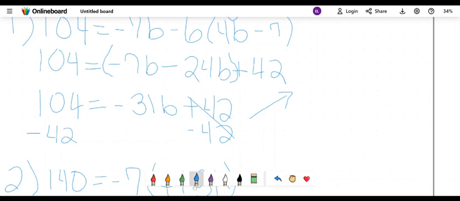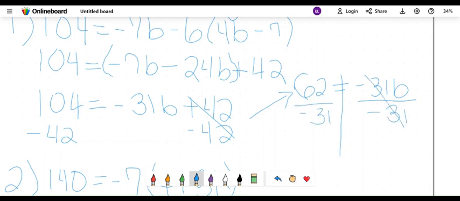So we'll end up with 98... oh my god, no, what? Okay, 98 equals negative 31b. Now we have to divide both sides by negative 31, so we bring down b. 62 divided by negative 31 is negative 2. b equals negative 2 is your answer.